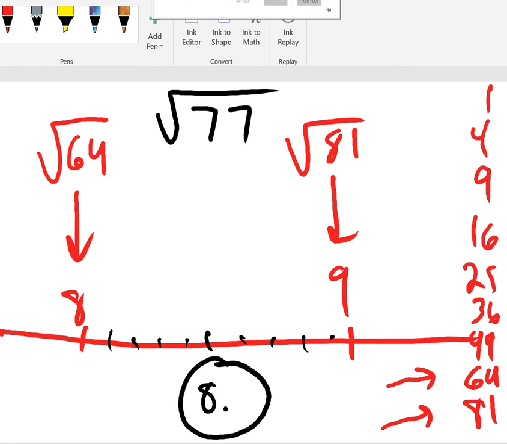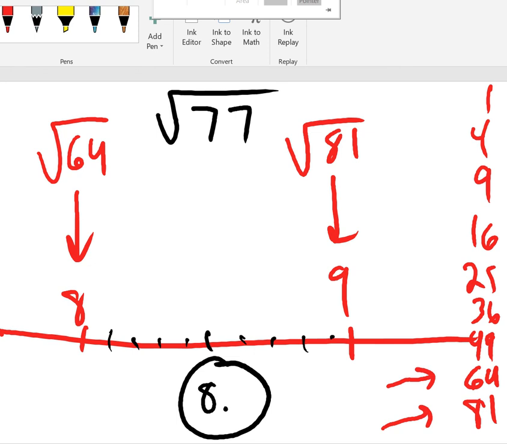If it's closer to the 8, you're going to pick either 8.1, 8.2, 8.3, 8.4, and you're going to use the best approximation you can get, depending on how close you are to the back of that line. Or you're going to use 8.6, 8.7, 8.8, 8.9, depending on how close you are to the front of the line.